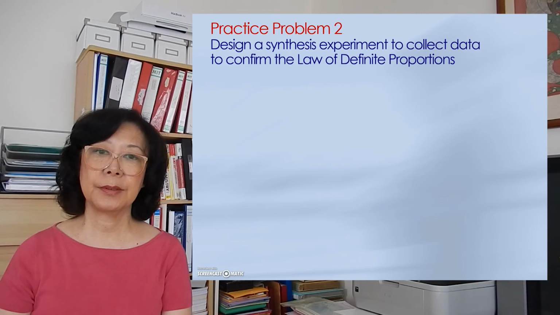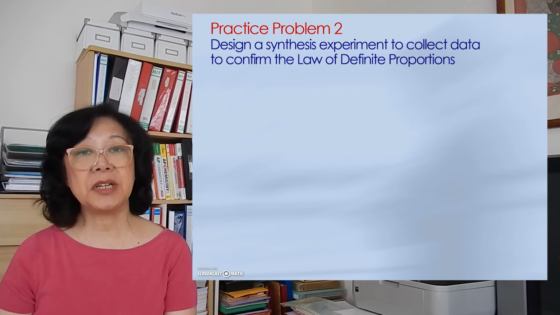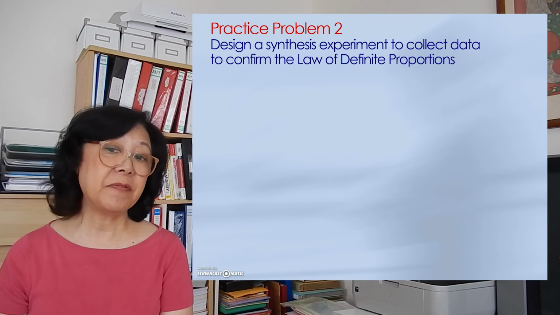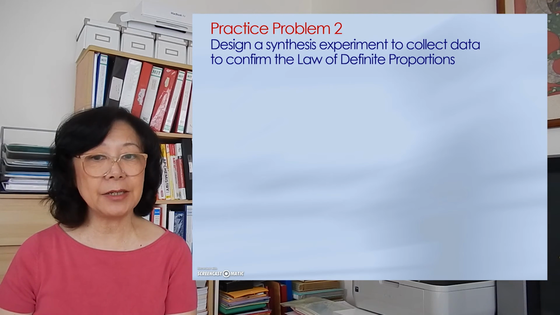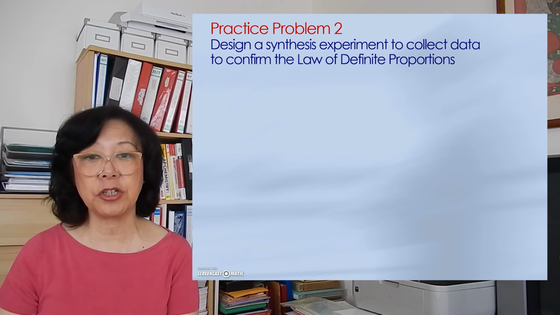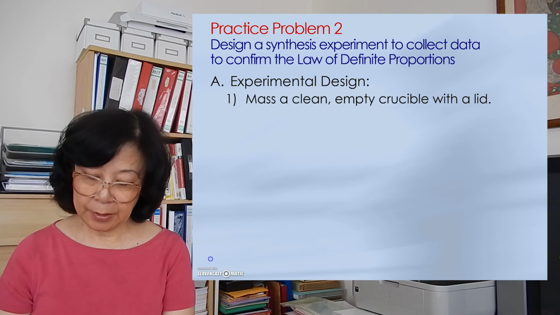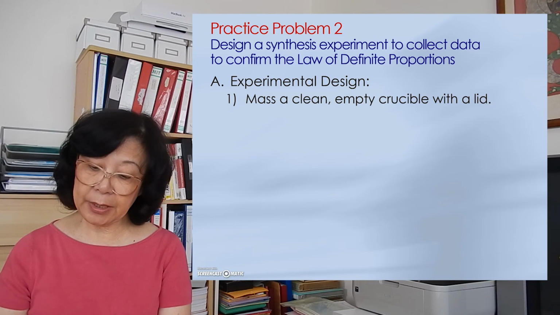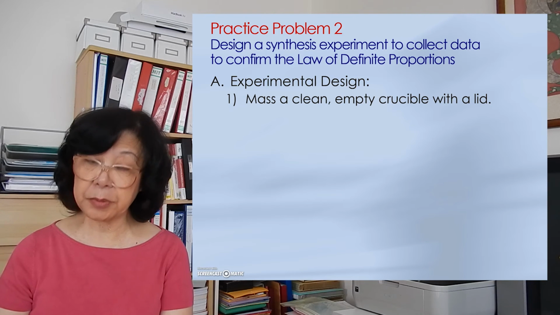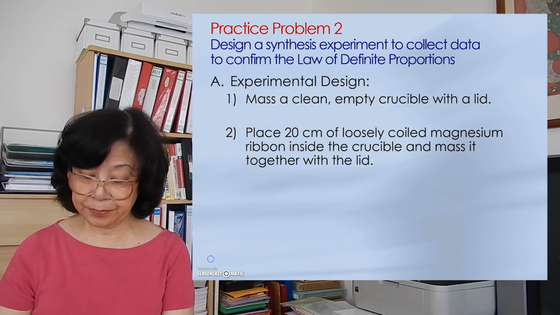Practice problem 2. Design an experiment for a synthesis reaction to collect data to confirm the law of definite proportions. First, we take a clean, empty crucible with a lid and we mass it.